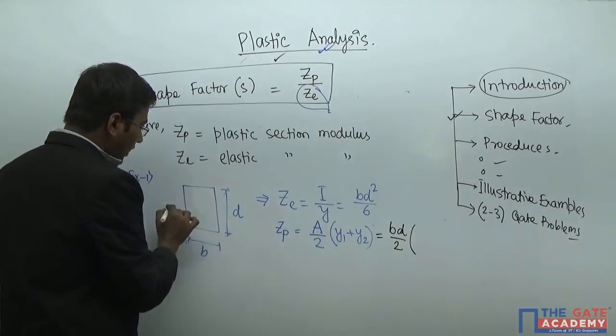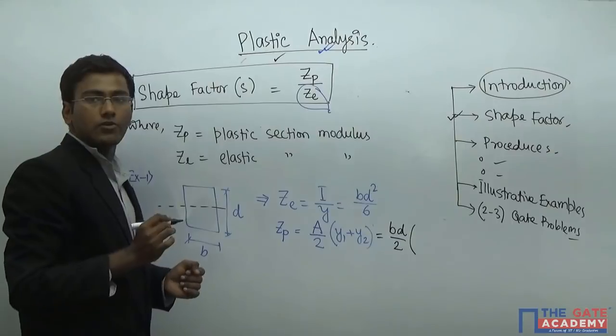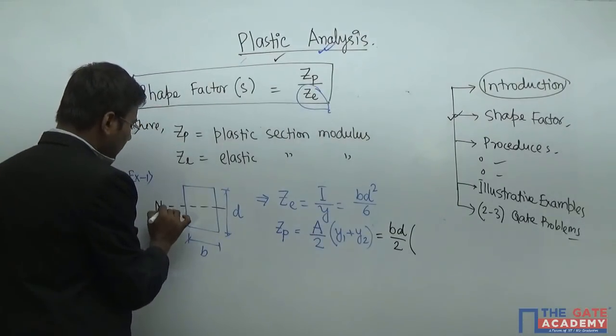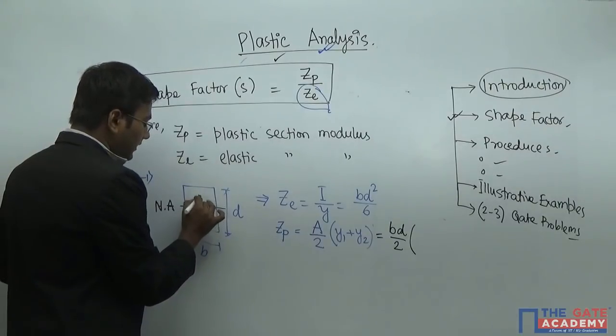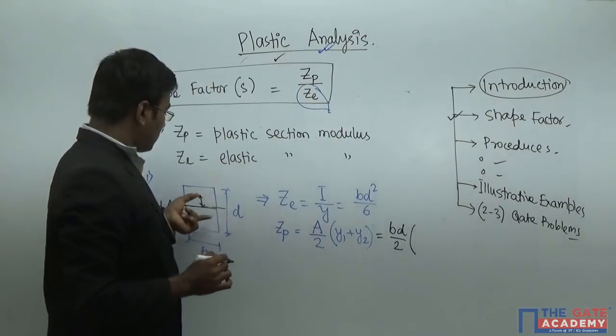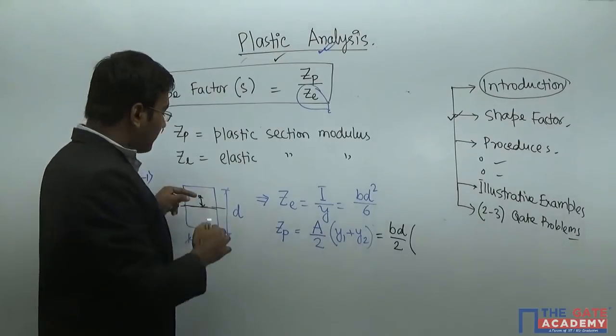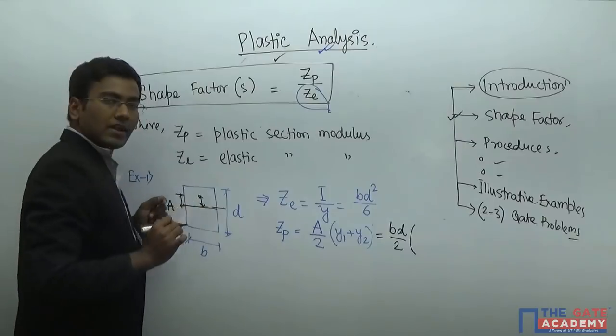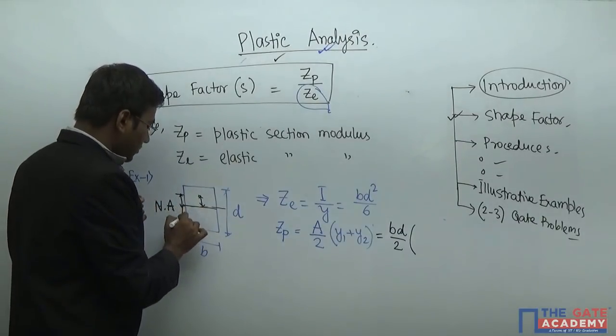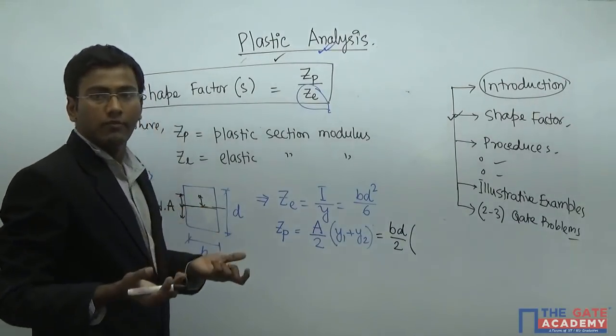Now, what is Y1? Just take a neutral axis. This is the neutral axis. And Y1 is the distance of the centroid of the upper portion, and Y2 similarly will come as some value.